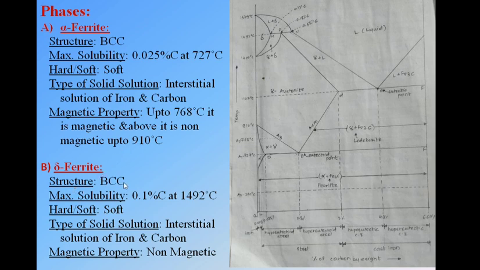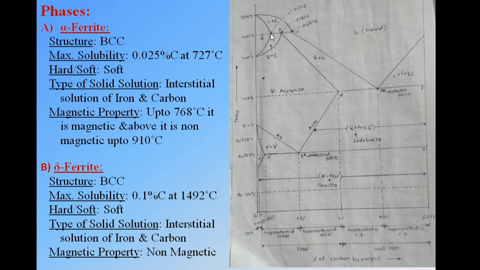What is the structure? As we studied, above 1400 the iron will show the BCC structure. So this is BCC. What is the maximum solubility? We will see the extreme right point here. This is 0.1% carbon. So maximum solubility will be 0.1% carbon, but at which temperature?